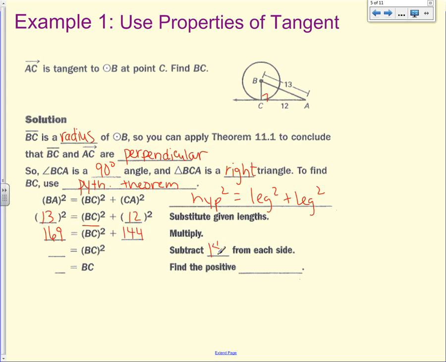We subtract 144 from each side, and that gives me 25. Then your last step, as it has always been, is to take the positive square root. So BC is 5. Now we know the length of the radius. That's one of the ways we can use these tangents: if we have different measurements, we can use that to find our radius, which is pretty valuable.